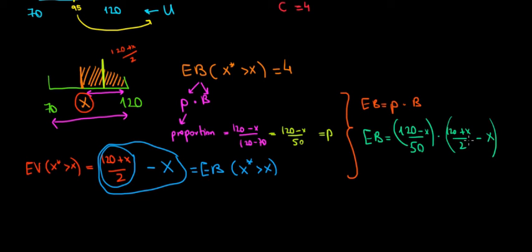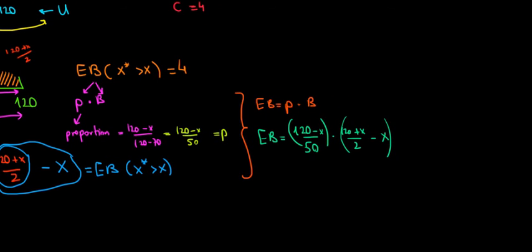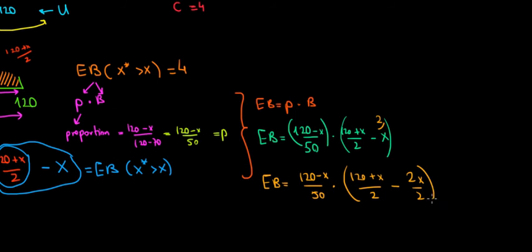So we have to solve this. Now what do we have in the second part? We have a fraction, a subtraction, but we don't have the same denominator, so we're gonna make the same denominator by multiplying this one by 2, such that the expected benefit would equal 120 minus X divided by 50 times 120 plus X divided by 2 minus, here we have 2X divided by 2.